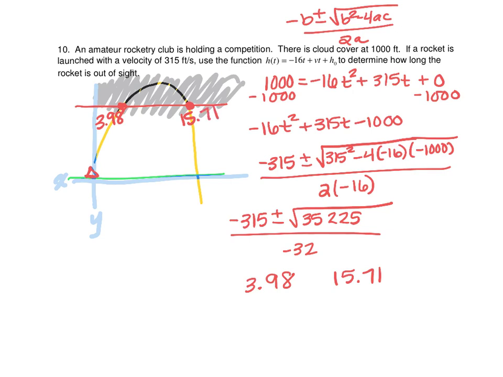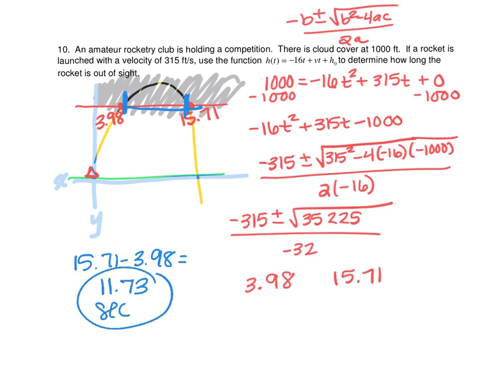So what I'm looking for is the amount of time that is between these. So 15.71 minus 3.98 gives me 11.73 seconds. So that's the amount of time that the rocket will be existing in this cloud cover section and will not be visible.